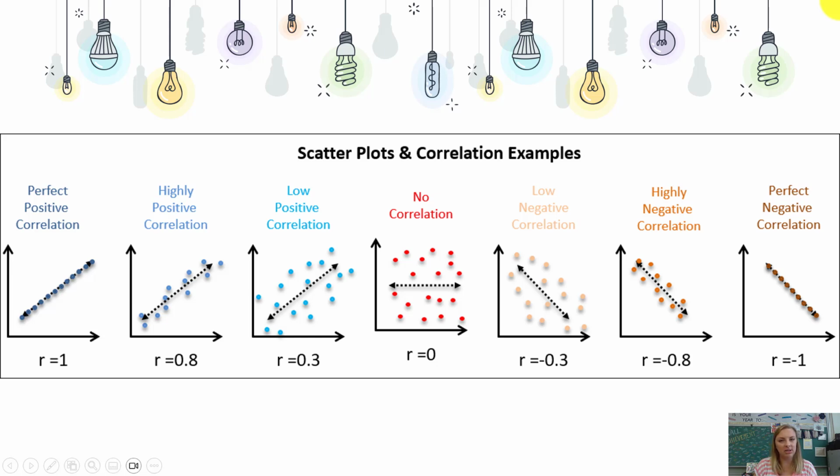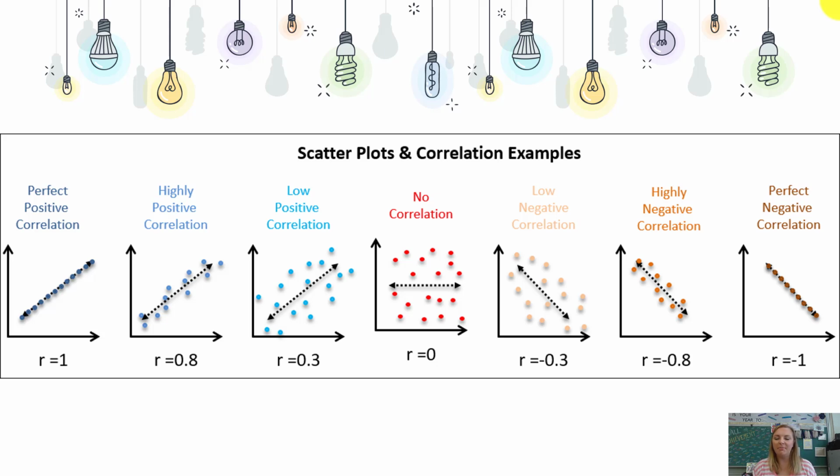Then we have 0 with no correlation whatsoever. And then we start to get into our negatives, our inverse relationships. So our -0.3 would be a low negative correlation or a weak negative correlation. Our -0.8 would be a strong negative correlation. And then R equals -1 would be a perfect negative correlation.